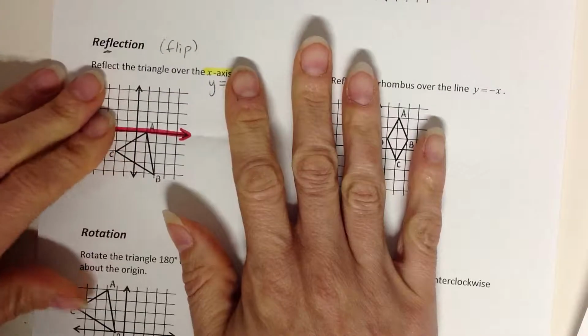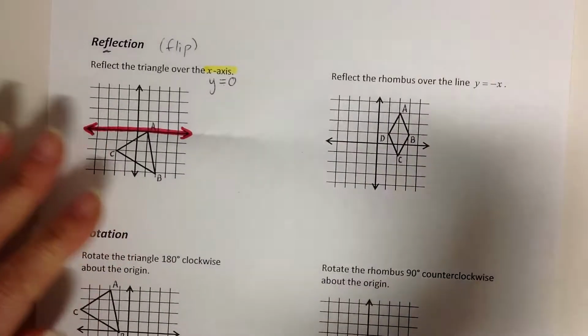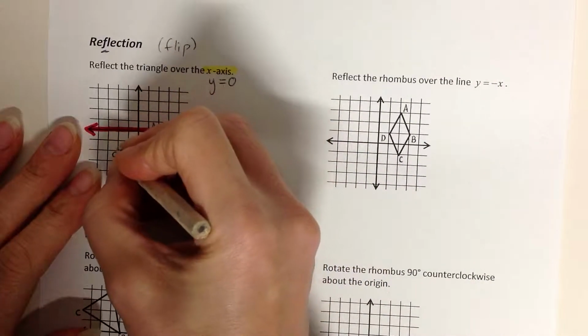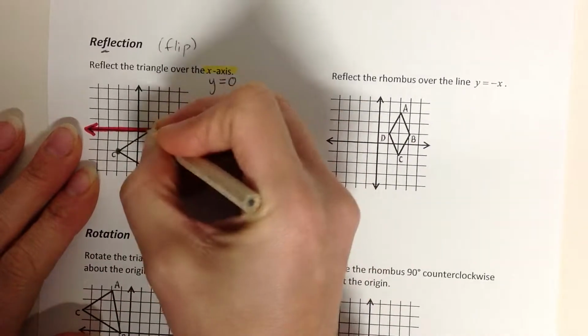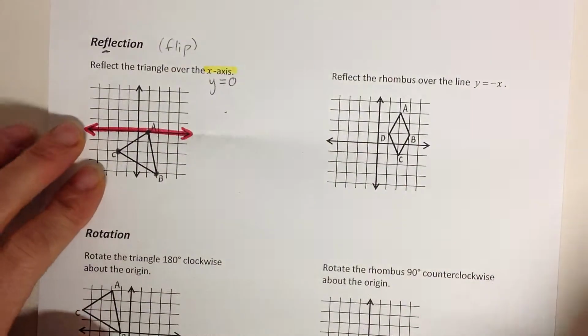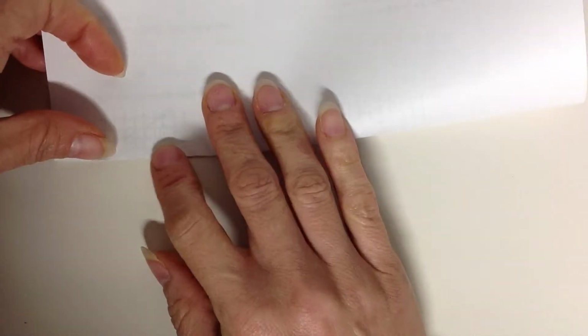So my point is, your lead on your pencil will smear on the other side. So if I were to take these points, C, B, A, what a reflection is, when I flip that, the definition of a reflection is those points will be equidistant on the other side.